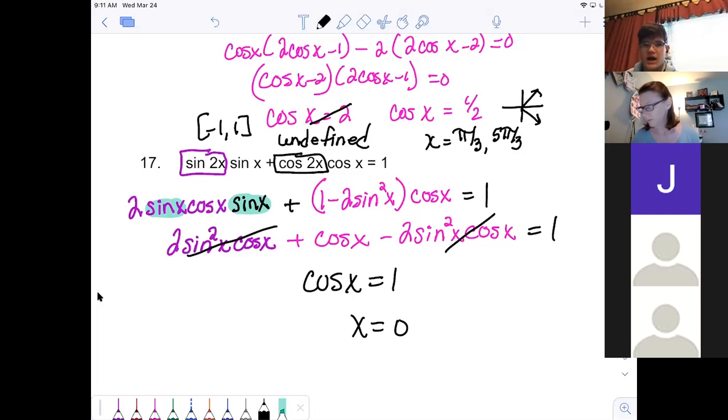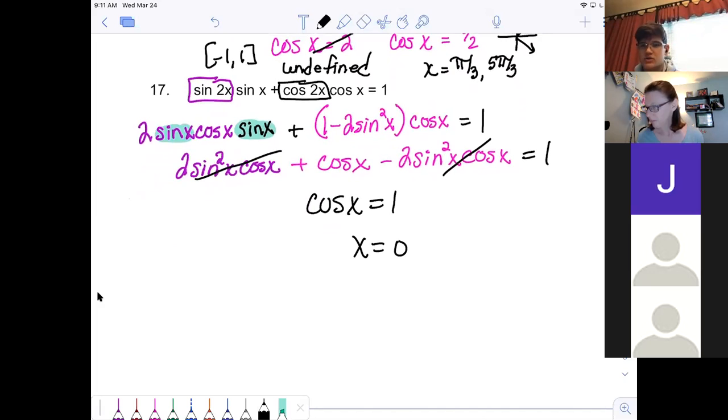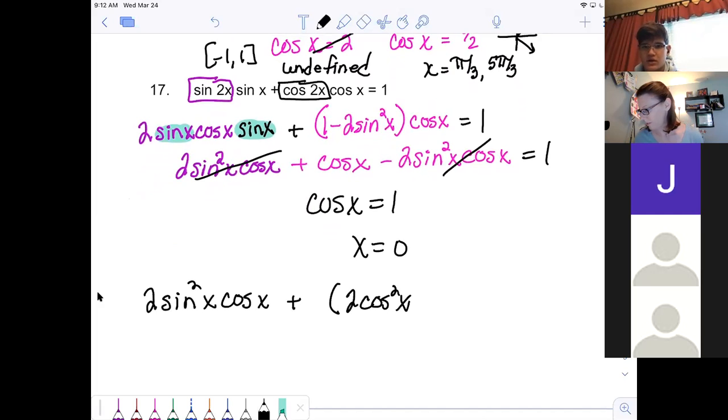I have a question. I made the cosine of 2x the 2 cosine squared minus 1. So when I distributed it, I got 2 cosine cubed minus cosine. All right, so let's look here.